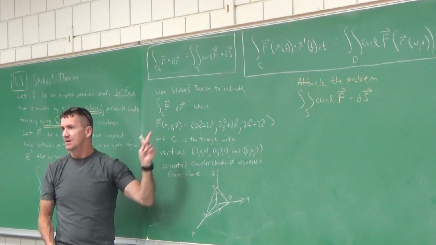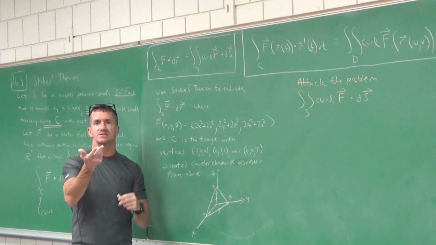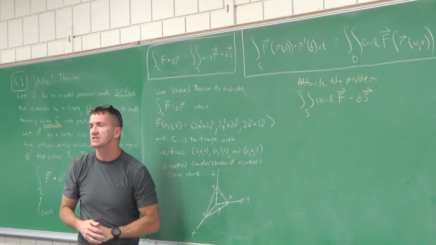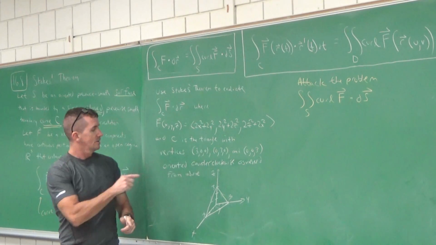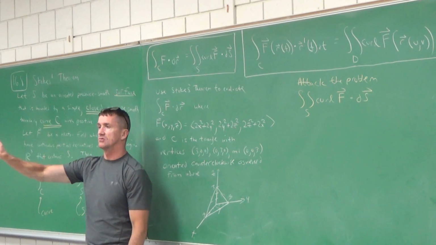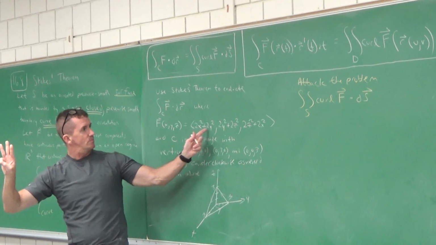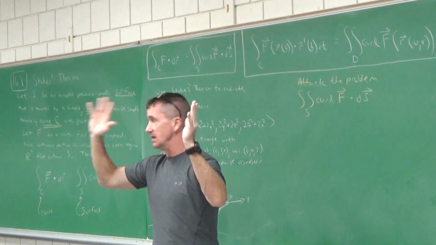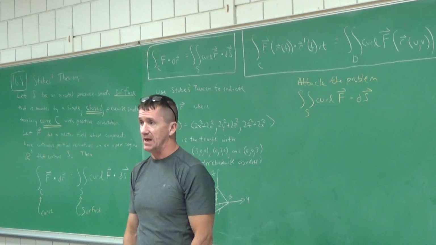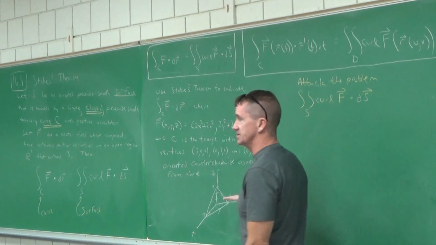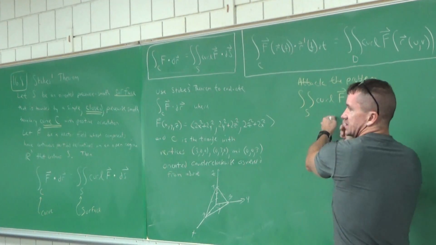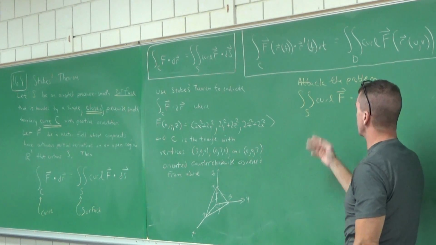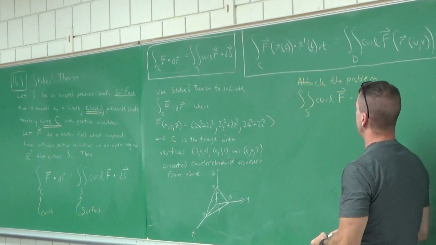If we did this in section 16.2, we'd have 3 line integrals to compute, right? And that's a pretty intense vector field there. That could be a lot of work, over 2 pages just to get the final answer. Whereas this is going to give us the answer in one shot. So we'll attack it this way.